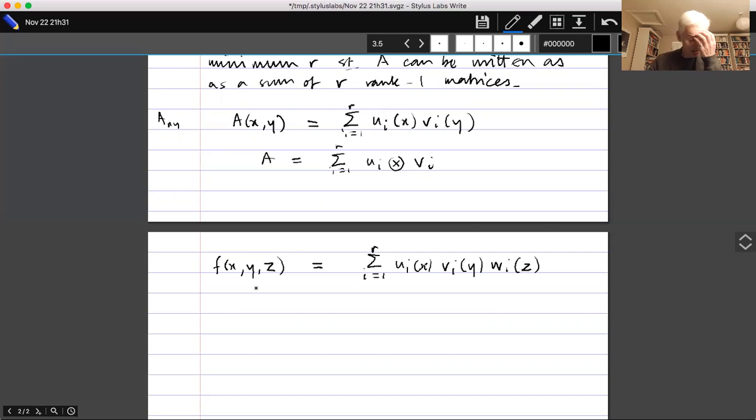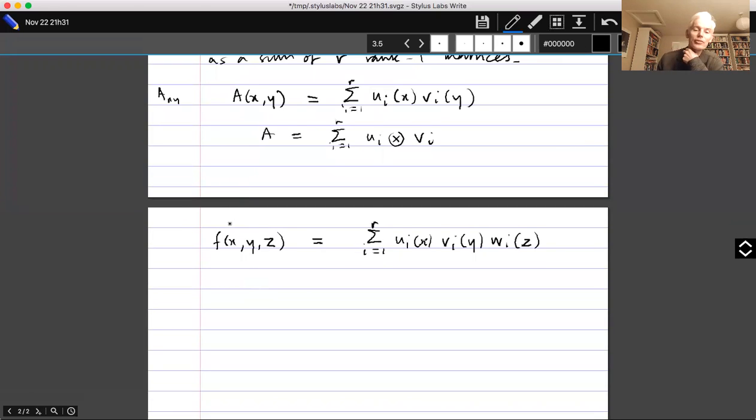But it turns out that there isn't actually a single definition of tensor rank, once you get past matrices, that wins out over all the others. For some applications, one definition turns out to be good, and for other applications, another definition turns out to be good. So just to give you an idea, here's another definition that's also not bad.